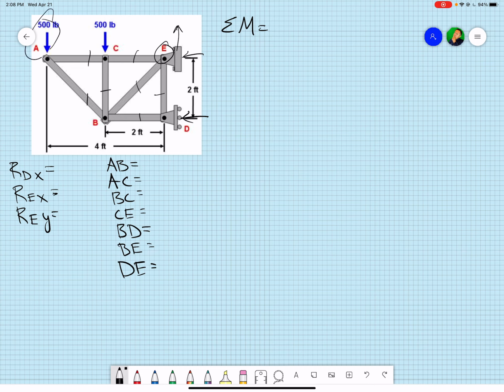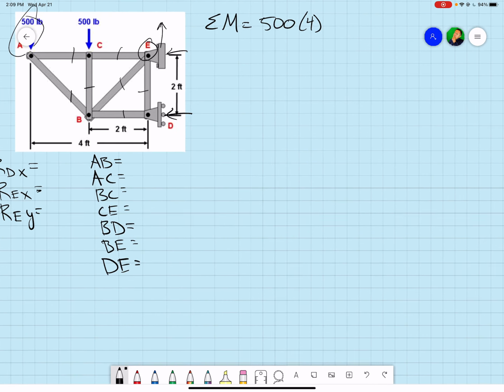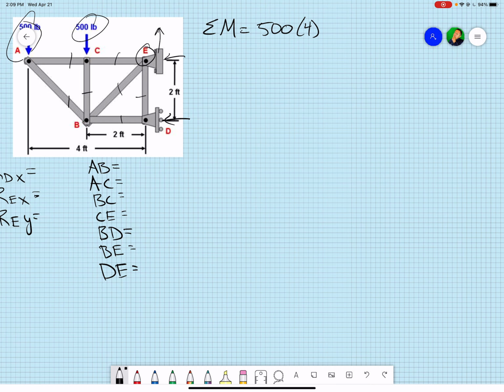Well, we got this force here, which is going to be 500 times its perpendicular distance of 4 feet. Okay. We have another one here, which is going to be 500 times the perpendicular distance of 2. Okay.